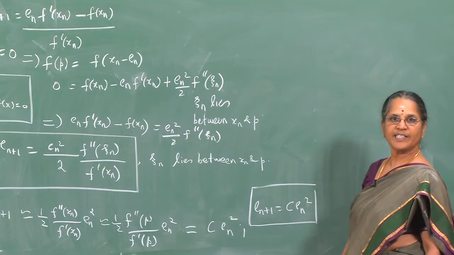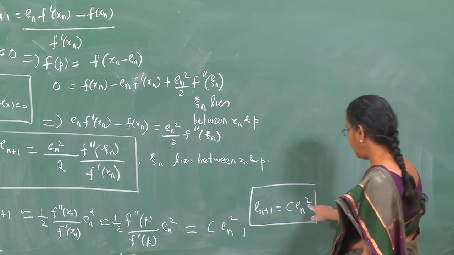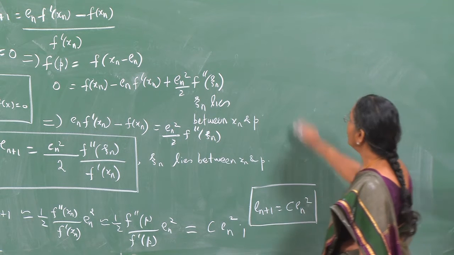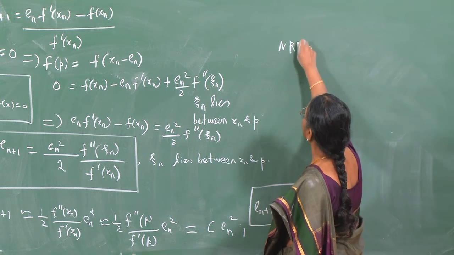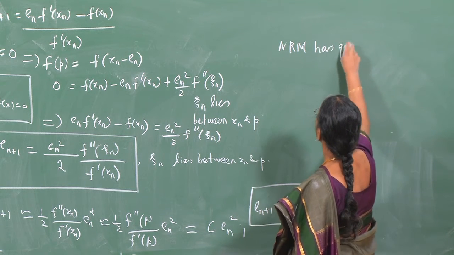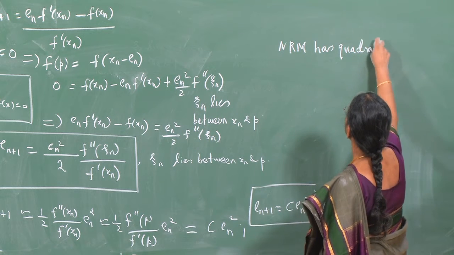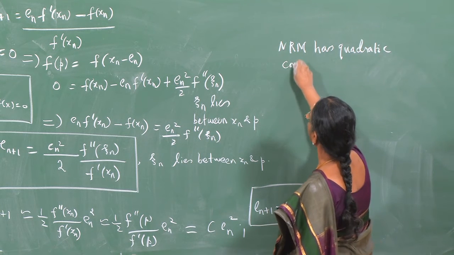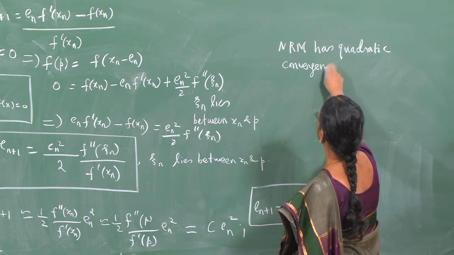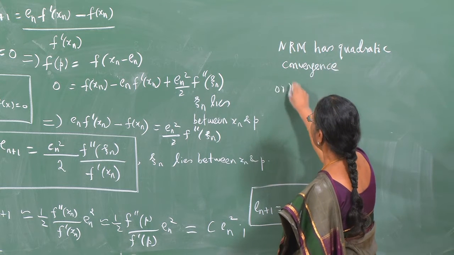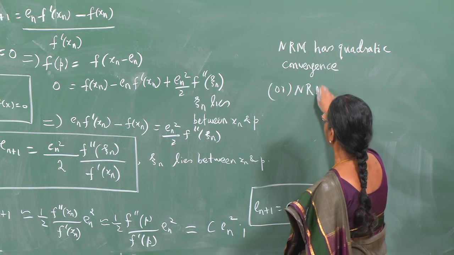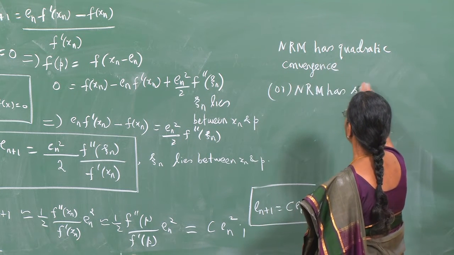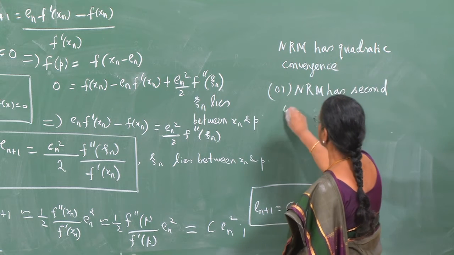The order of convergence of Newton-Raphson method is 2. So, Newton-Raphson method has quadratic convergence. Or we say that Newton-Raphson method has second order convergence.